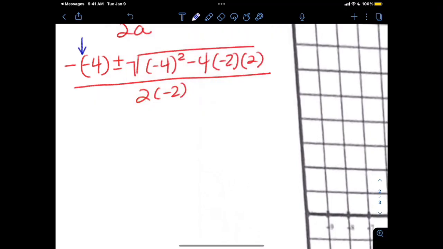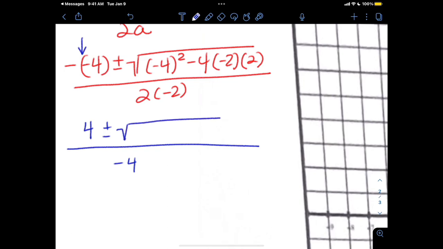Here I see double negatives, positive. Negative 4 times negative 4, positive 16. 2 negatives make a positive. 4 times 2 is 8, times 2 is 16.